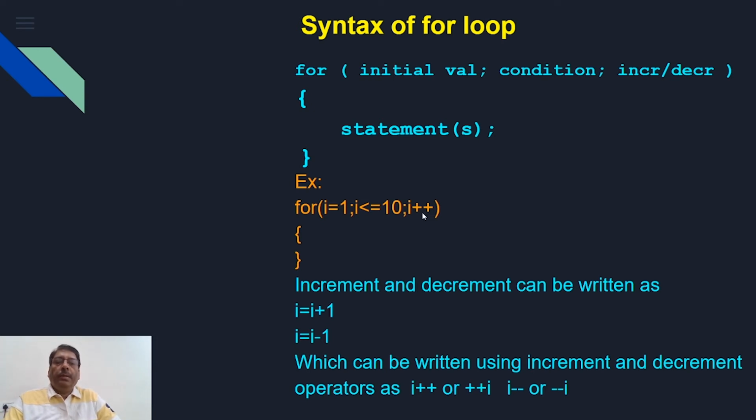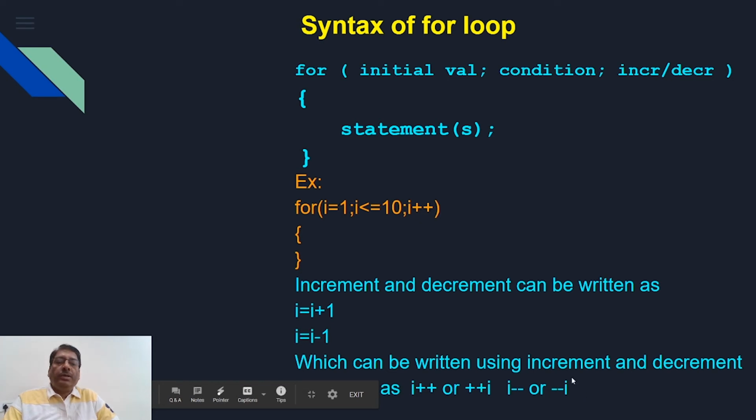So let's understand these i++ and ++i kinds of operators, which you call increment or decrement operators. You can write i = i + 1 as i++ or ++i. In a similar way, you can write i = i - 1 as i-- or --i.